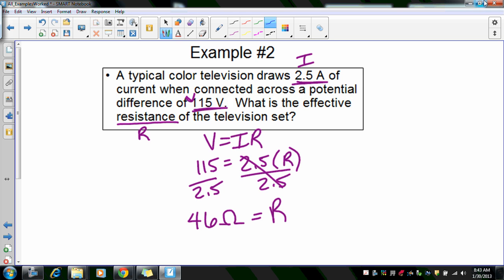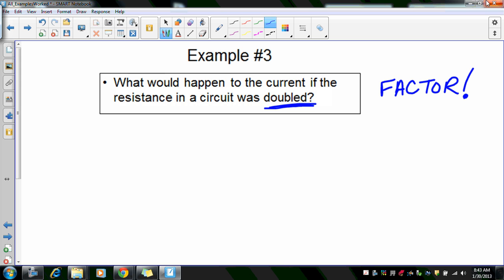Every number has had a unit. This time, we don't have numbers with units, we have changes. So we're going to start with our equation, V equals IR, and we're looking for what would happen to the current if the resistance is doubled.